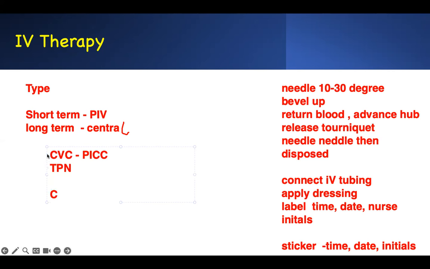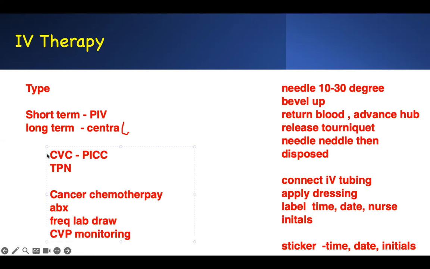Yes, people who have cancer and are getting chemotherapy. If you need a long-term antibiotic, you're going to use this. If you need frequent lab draws, we can also use it. If you need a CVP, central venous monitoring, you can also place this. So these are some of the benefits of the central venous catheters.